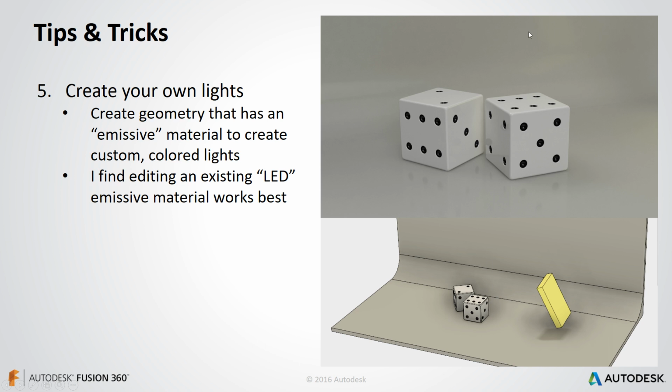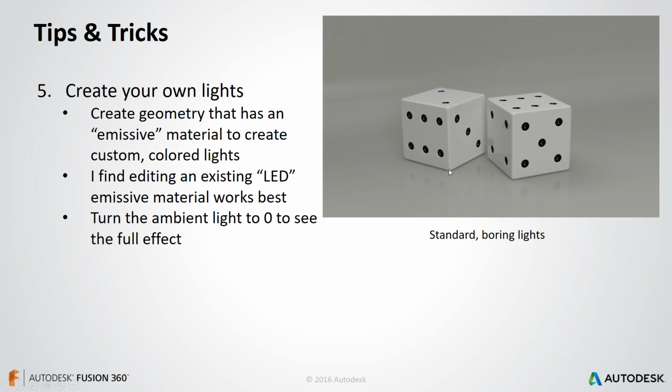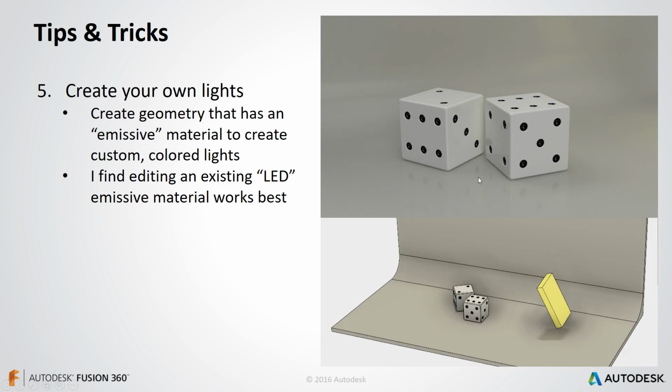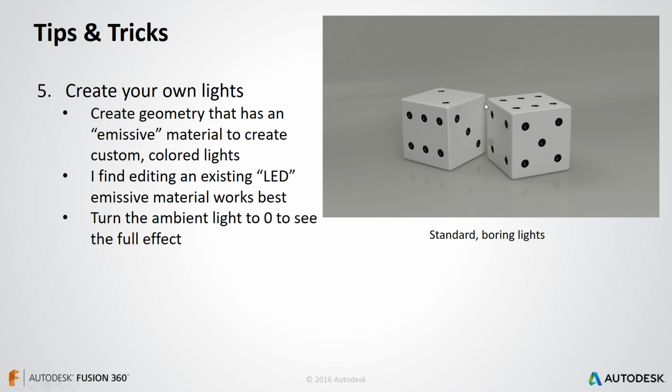I'm going to go back and forth a little bit. Here's your standard render, and then here I've added this yellow light. You can see how it's casting on the background, but more importantly, notice how it's casting on this dice right here, which in turn is being reflected into this dice over here. So again, let's go back. You don't see that highlight.